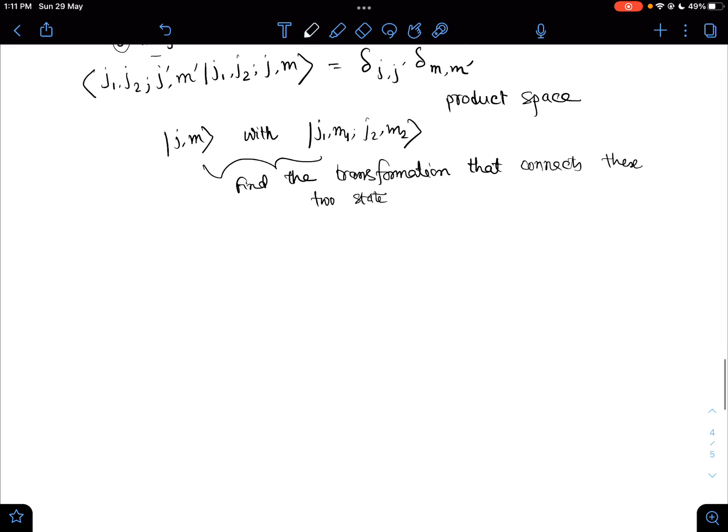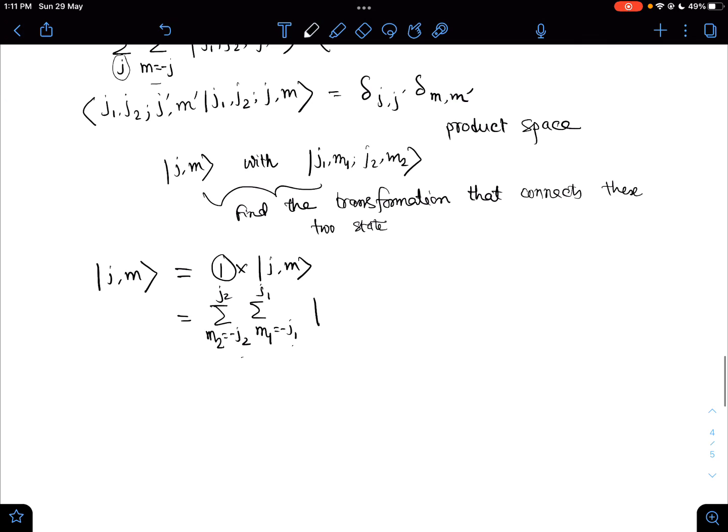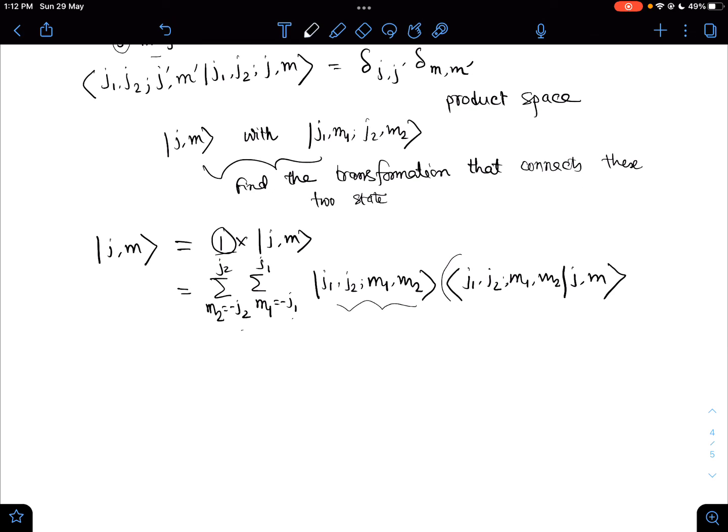Formally, we can write |J, M> as 1 times |J, M>, and using the completeness relation, in place of 1 we write the sum over M2, from minus J2 to J2, and M1, from minus J1 to J1, where J1 and J2 are fixed, of |J1, J2, M1, M2><J1, J2, M1, M2|J, M>.